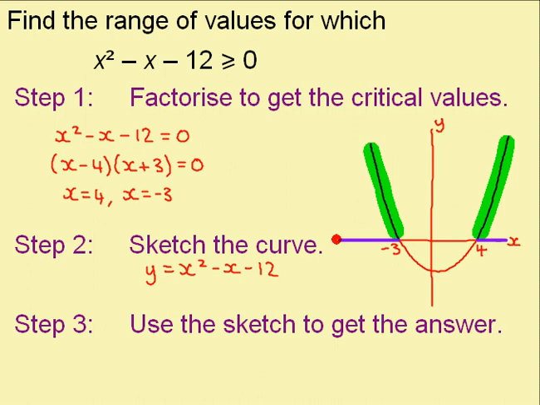I can see that x is less than or equal to minus 3, or greater than or equal to 4. Notice how this time, because I'm interested in two parts of the graph that aren't joined, I get two separate answers.